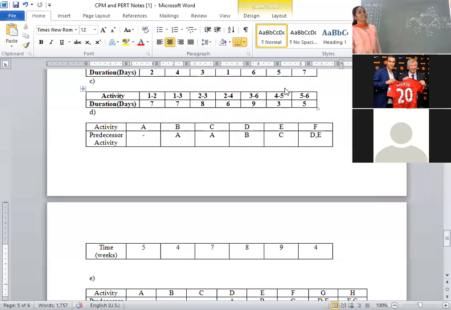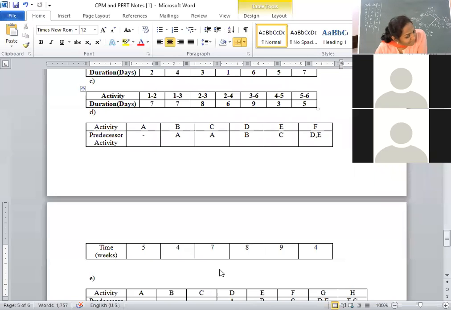Any query, students? Students, any query? Ma'am, explain the last step now. Rekha, your voice is not audible. Rekha, can you speak loudly? Ma'am, last step. Can you tell me what she is saying?